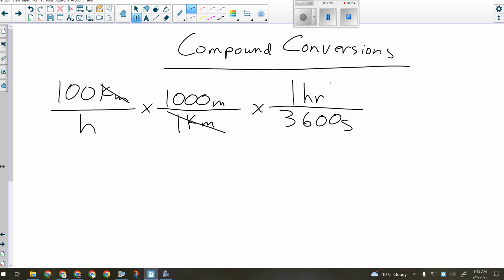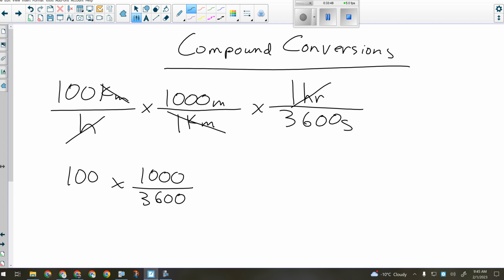All right, now I've got hours on the top, hours on the bottom, and they're gone. So what this comes out to is I'm going to have to take my 100 kilometers per hour and multiply by 1,000 over 3,600. And can I simplify that?